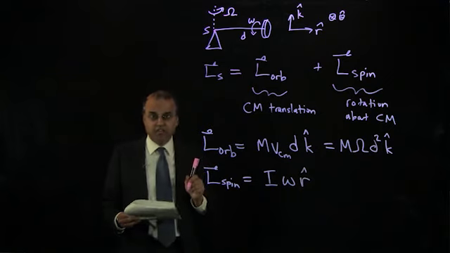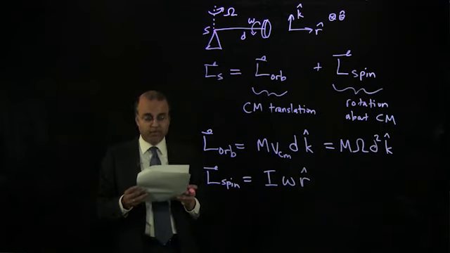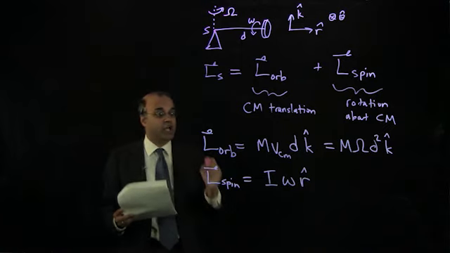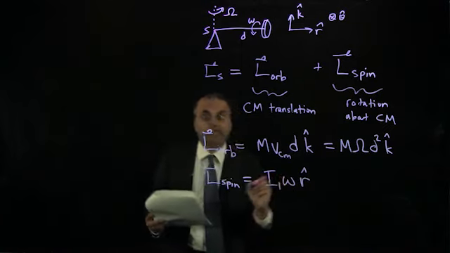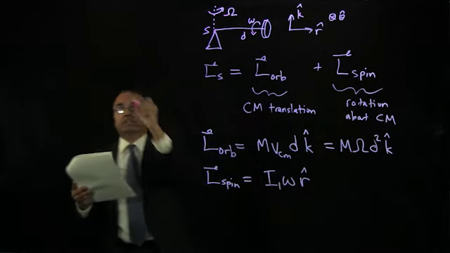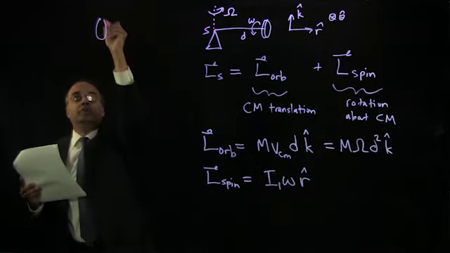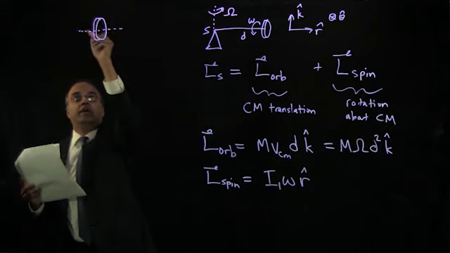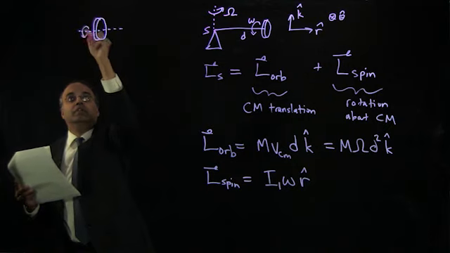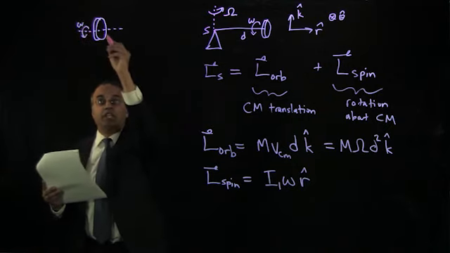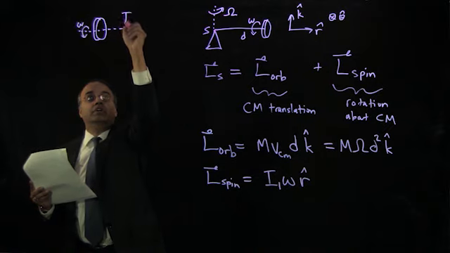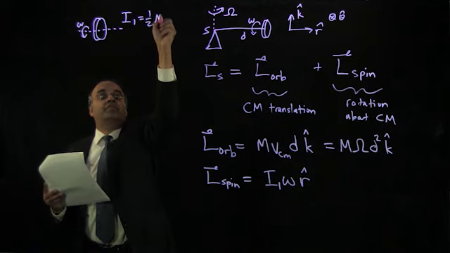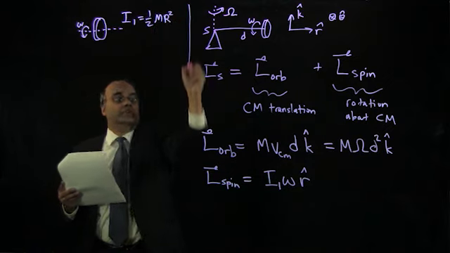It turns out that is not the only rotation about the center of mass that this wheel is undergoing. And because of that, I'm going to call this I1. And let me just draw a picture here. So for my disk rotating around this axis, the relevant moment of inertia is what I'll call I1. And for a disk, we know that would be 1/2 m r squared.